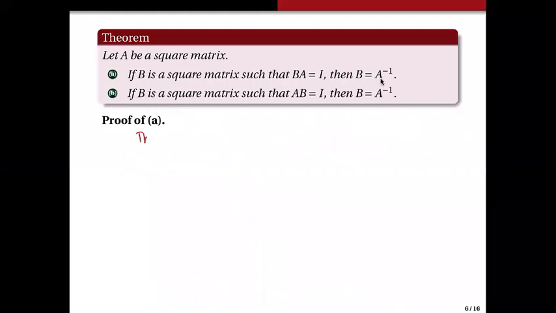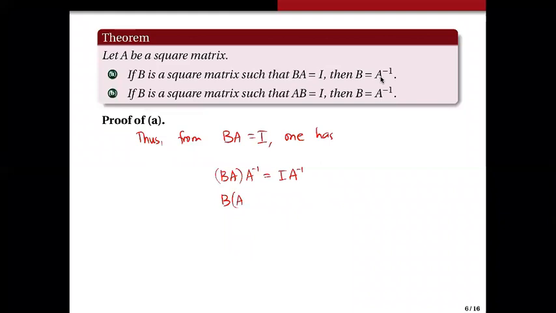Thus, from BA equals I, all we need to do is multiply the inverse of A on the right. So you have BA times A inverse, which is equal to I times A inverse.